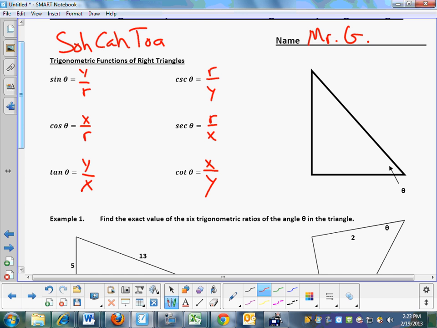So fine. Sine is O over H. What does that mean? Opposite over hypotenuse. Cosine is adjacent over hypotenuse. Tangent is opposite over adjacent. And then these are the others flipped upside down.